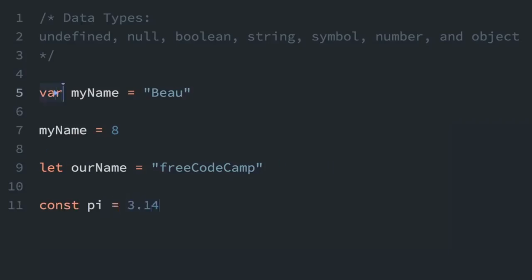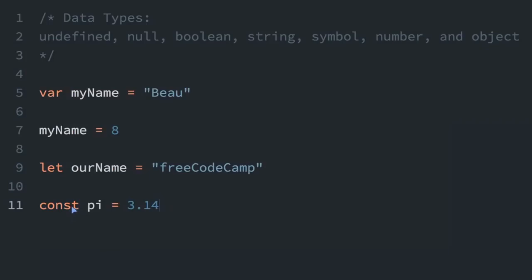Now, the difference between var, let, and const: var is going to be able to be used throughout your whole program. Let will only be used within the scope of where you declare that. Now, we're going to be talking about let and const more later, so I'm just giving you a brief overview of what they are now. Const is a variable that should never change.